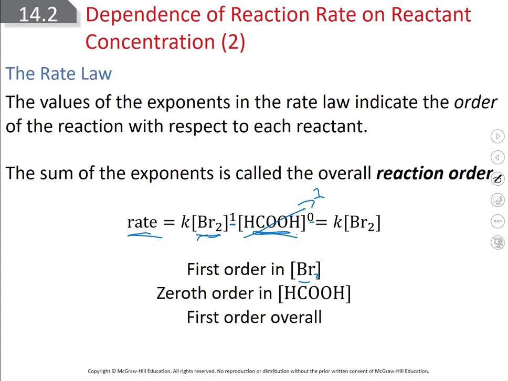So if I'm first order with respect to bromine, that means if I double the concentration, what happens to the rate? It doubles as well. Good. So that's what it means to be first order. It's a direct relationship. I double one, I double the other. I double the concentration, I double the rate. I halve the concentration, it will halve the rate. The relationship is direct. So that's what first order means.